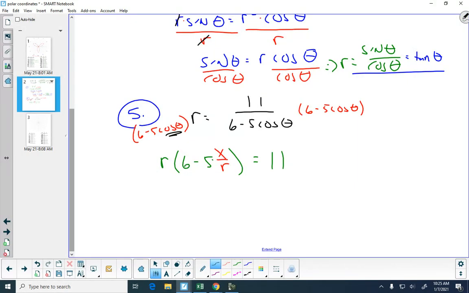Our next step was we multiplied through by the value of r. So we had 6r minus 5x is equal to 11.